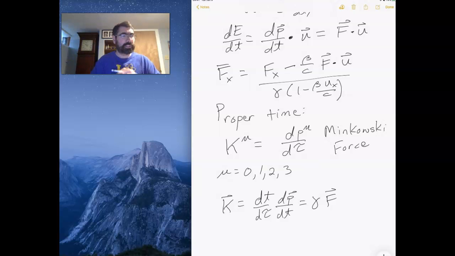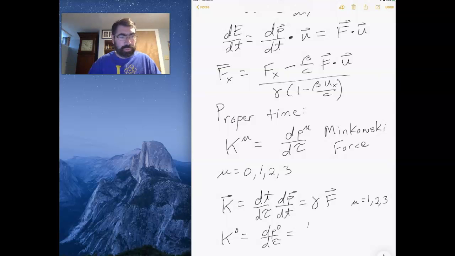And so in the end, what you get is a proper force, or Minkowski force, which is related to the force in ordinary time by gamma. So in this case, it's when you have 1, 2, or 3. And then K0 is dP0/d tau, which is 1 over c times the power, or proper power.